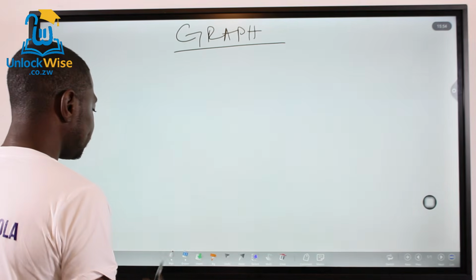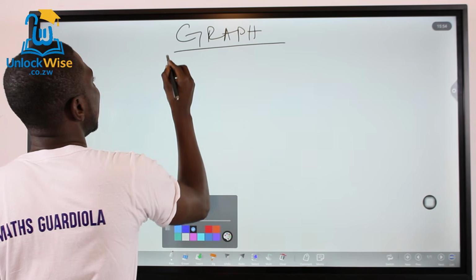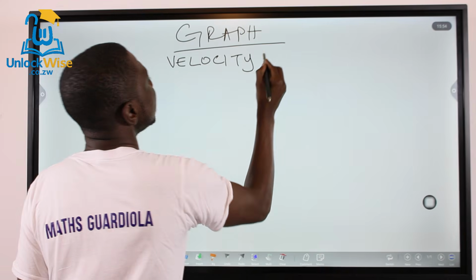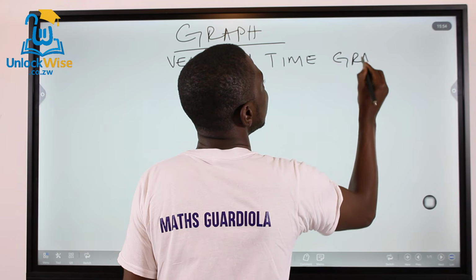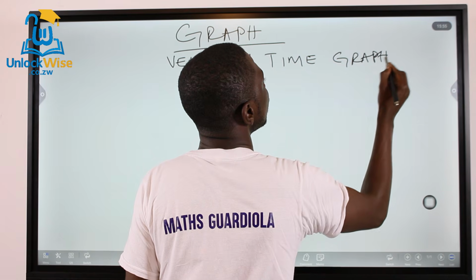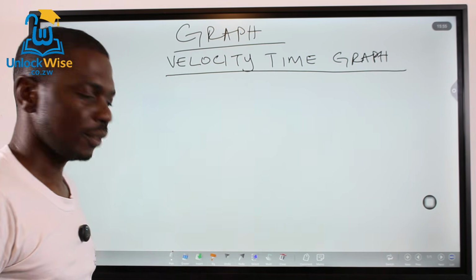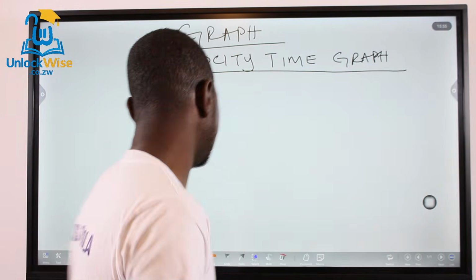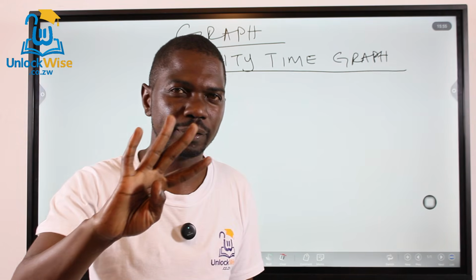Right, so let's dive into travel graphs, and I will talk of the velocity time graph. One of the most requested concepts under graphs by our students. So what I want you to understand is they are going to ask you 4 concepts, right?